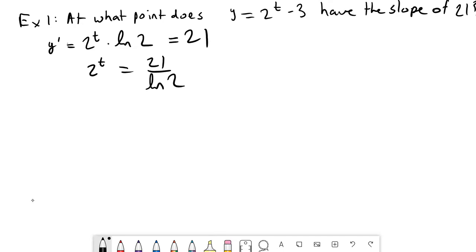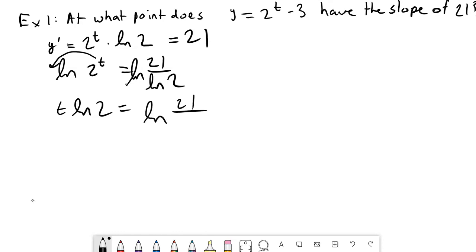And then how do we get rid of the 2^t? Well, we take the natural log of both sides. When I take the natural log, the t actually just hops down, right? Using the property, t natural log of 2 is equal to the natural log of 21 divided by the natural log of 2. So we have a natural log inside of a natural log, kind of weird, but it's fine.